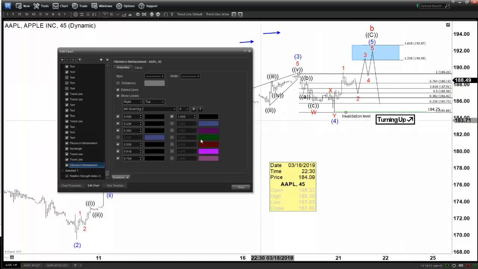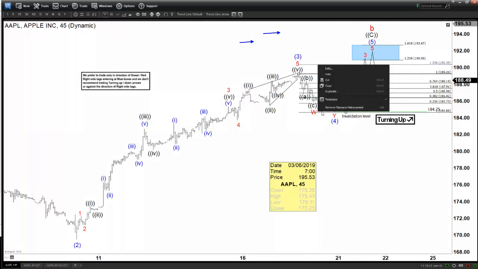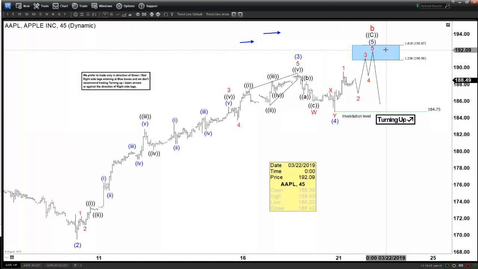But if you put in here 1.236, that's what we call an external retracement, which is typically also another possible target for the wave 5 to the upside. All right, and this area then is one of the ways that we could possibly end the 5 waves in Apple, and then from there Apple can start turning to the downside.